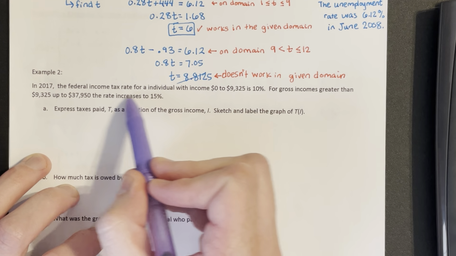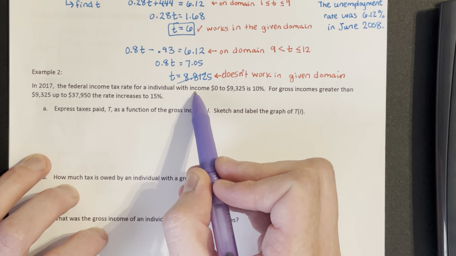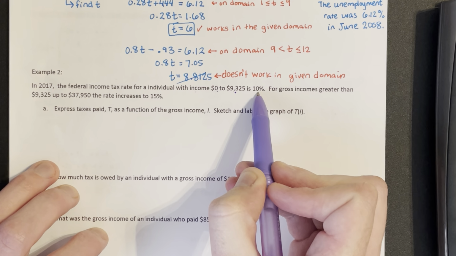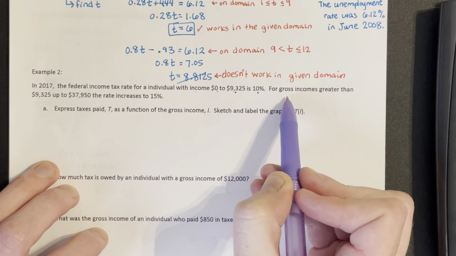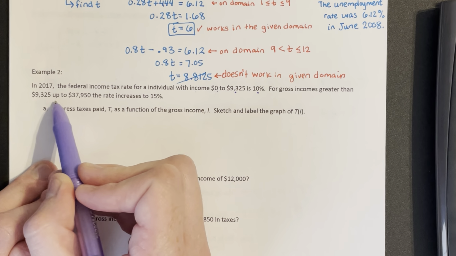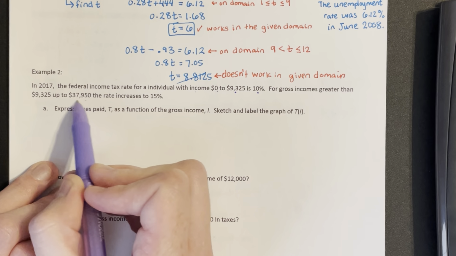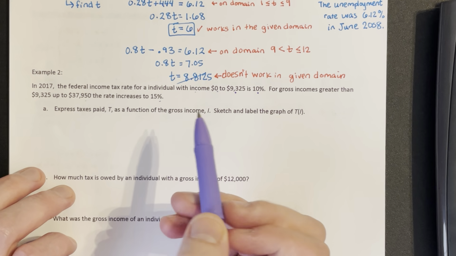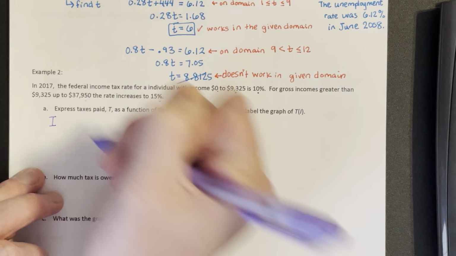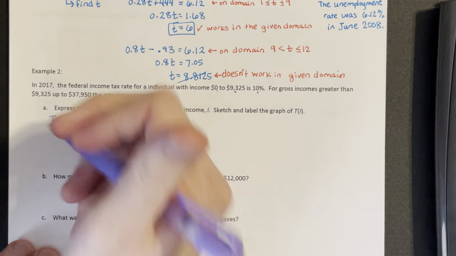So if it says that the federal income tax with an income of $0 to $9,325 is 10%, then the incomes greater than $9,325 up to this much have a rate of 15%. So the rate and the tax amount are our variables.